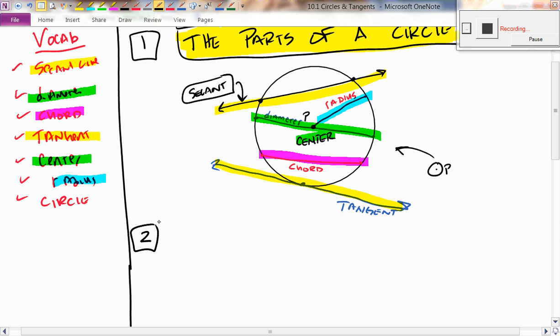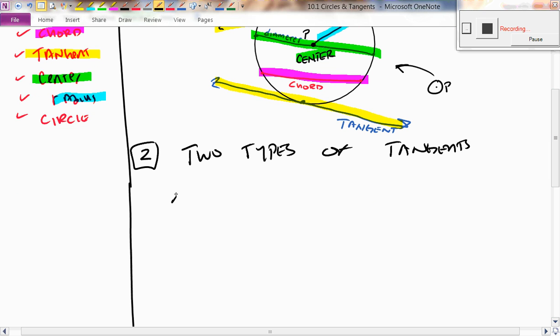There are two types of tangents that we're going to talk about here. Type A, there are external tangents. And type B, there are internal tangents.